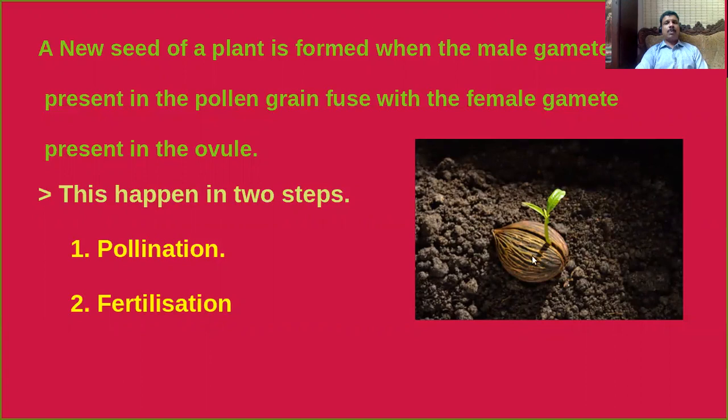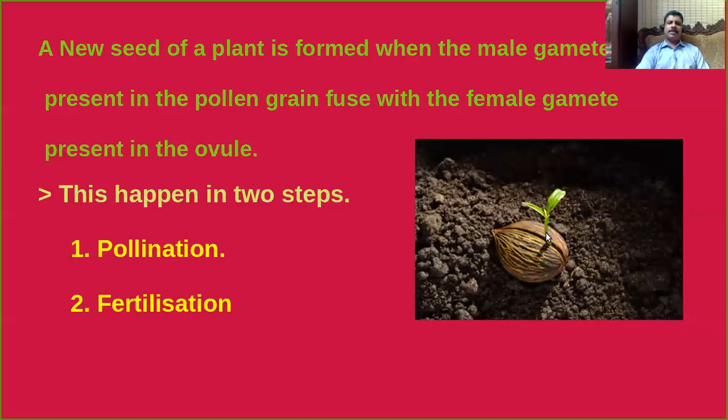The ovules are converted into seeds. So a new seed of a plant is formed when the male gamete present in the pollen grain fuses with the female gamete present in the ovule. As a result, a new seed will develop, and the seed on germination produces a new plantlet.